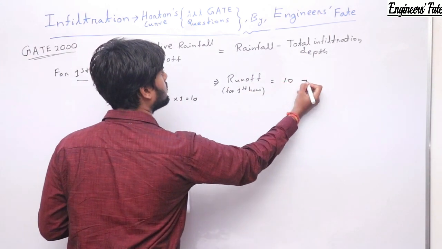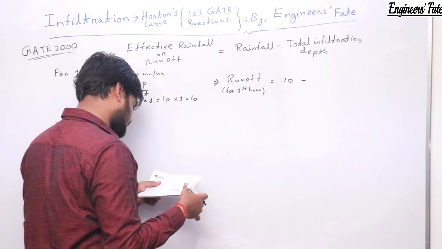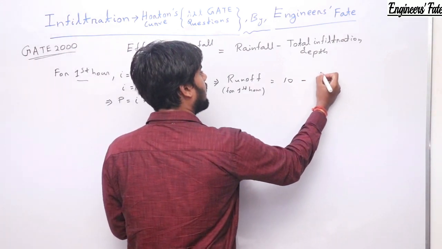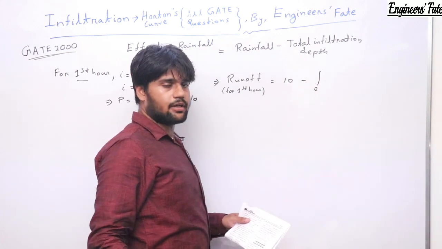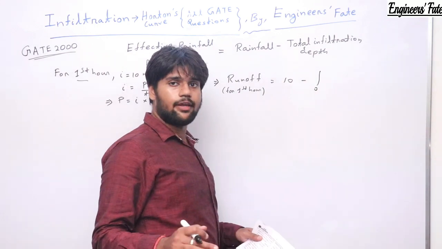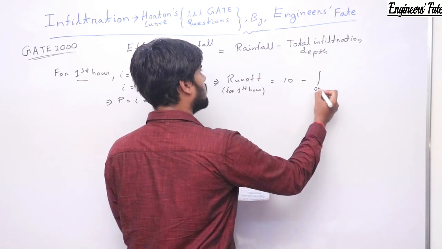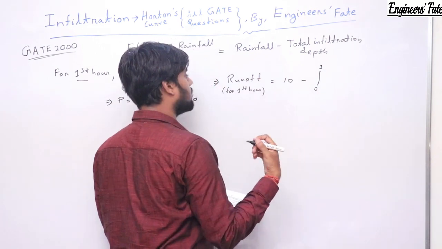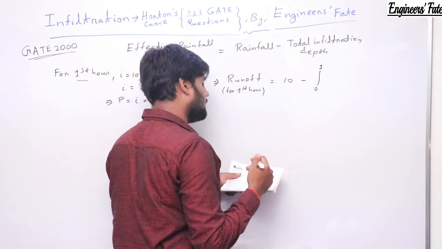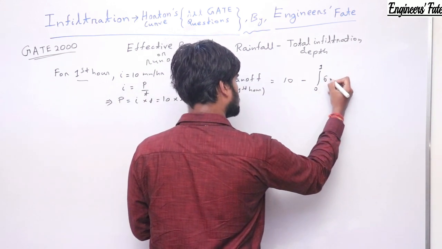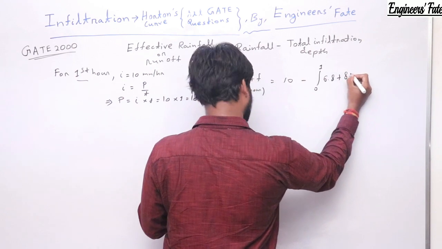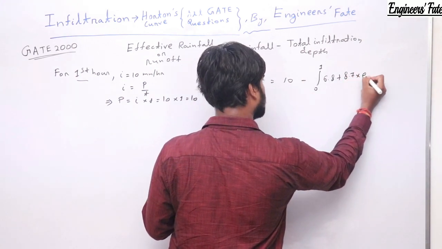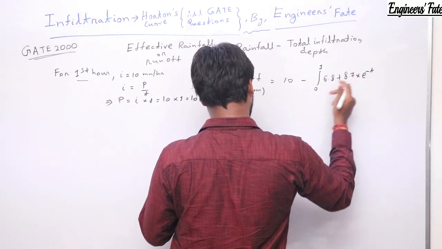We have just found that, and the total infiltration depth means, as I told you in my previous question how to find total infiltration depth, that is integral 0 to T of f(t) dt. So 0 to 1, since we are calculating for the first hour, and for the first hour the Horton's equation is given as 6.8 plus 8.7 into e to the power minus t.